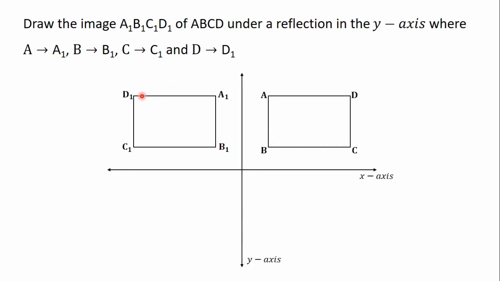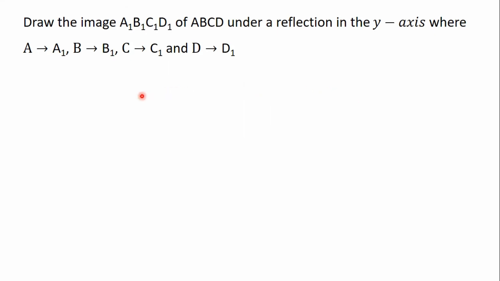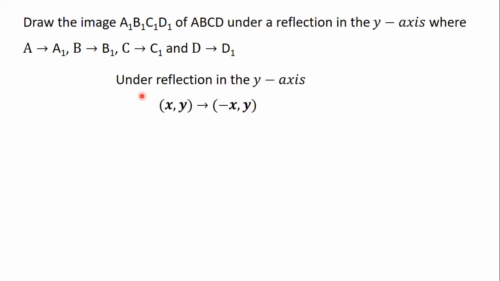So let's do that. From the previous videos, we have learned that under a reflection in the y-axis, the rule of the transformation is (x, y) maps to (-x, y). A has the coordinates 2, 8, B has the coordinates 2, 4, C has the coordinates 8, 4, and D has the coordinates 8, 8.